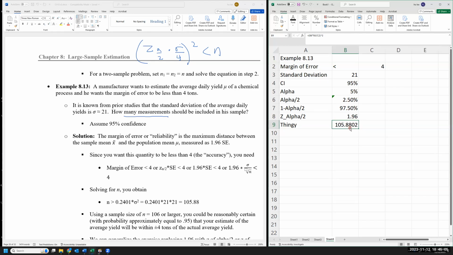So what does this mean? It means this whole expression is equal to 105.88. N has to be greater than 105.88. So we need to choose a sample of at least 106 to ensure a margin of error less than 4.